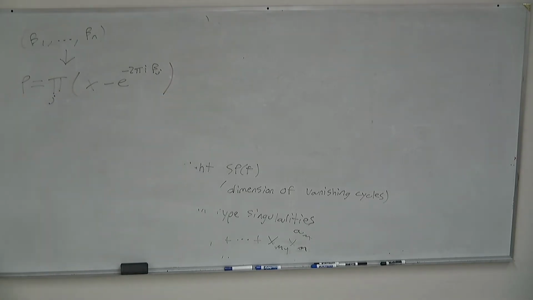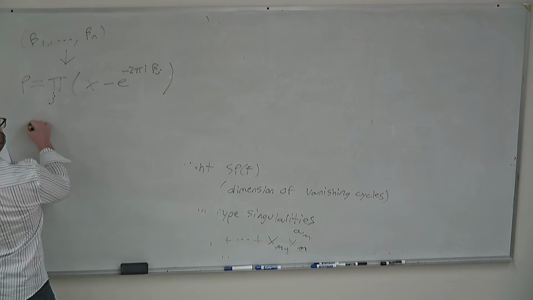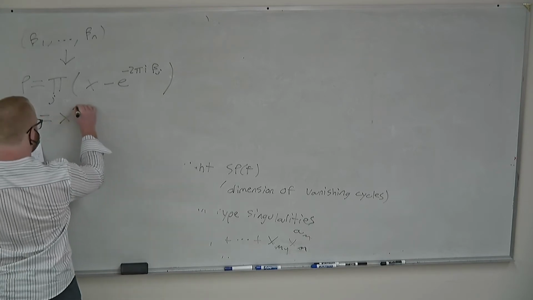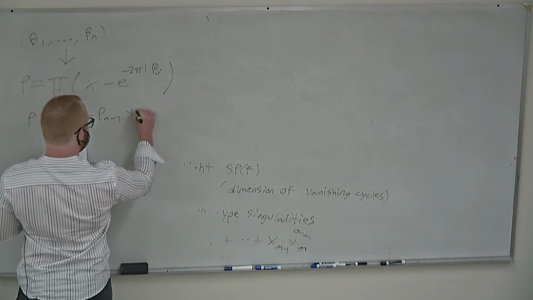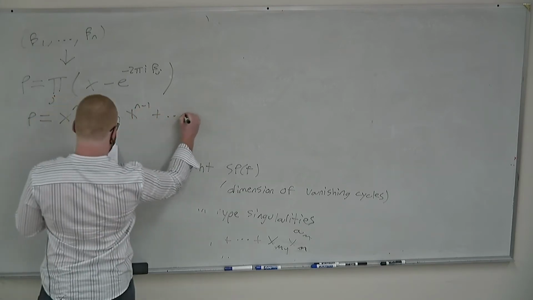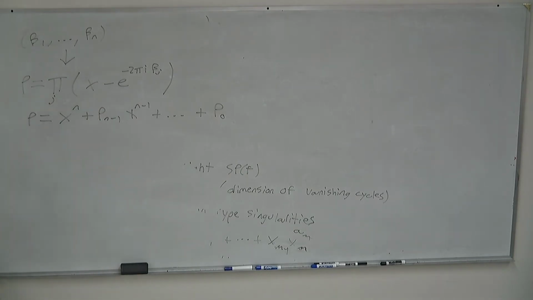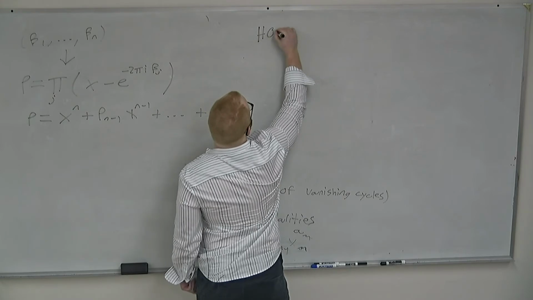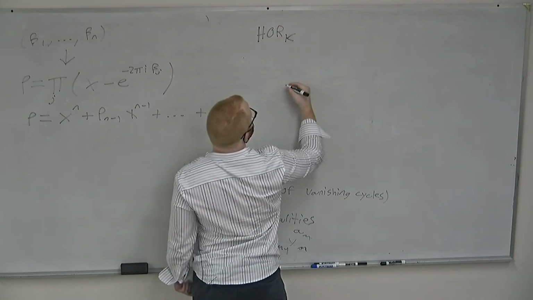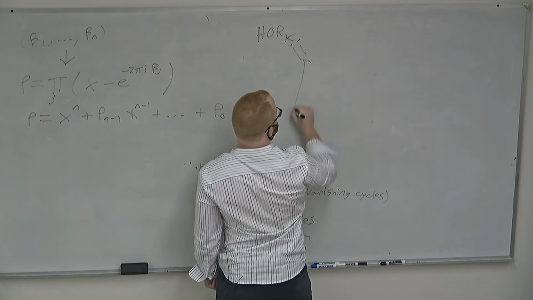Some sort of polynomial with these exponentiated eigenvalues. So this p is going to be equal to x to the n plus p n minus 1 x to the n minus 1, plus p naught. And the idea is that for Hor k, these are the matrices that look like this.